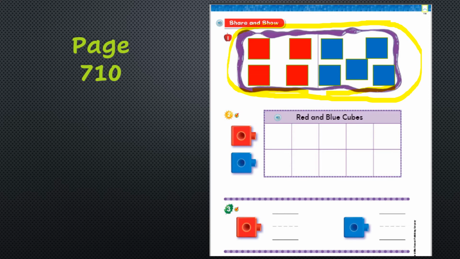All right, you should have done the same. Yours might look close to mine. It depends on how many blue and how many red that you got from the bag, as long as it was 9, because that's all you're supposed to have. But remember, we can add different numbers to make up 9, so you can have a different amount than I do, a different amount of red or a different amount of blue.